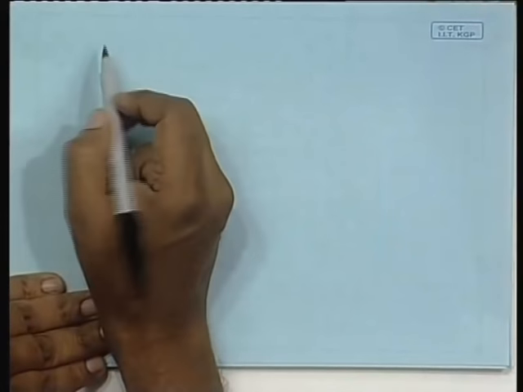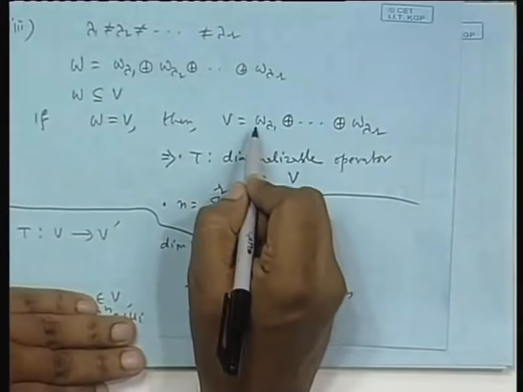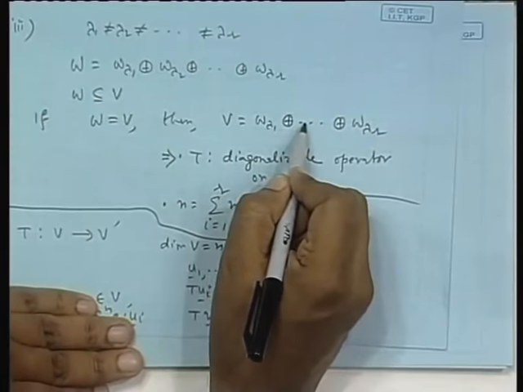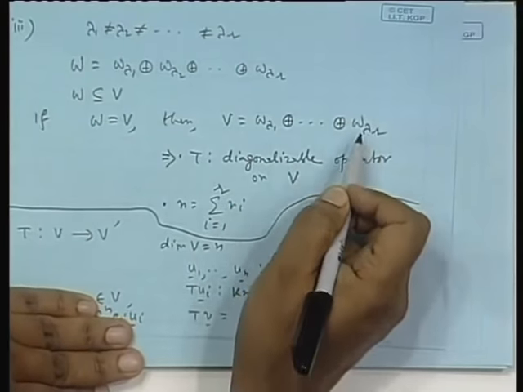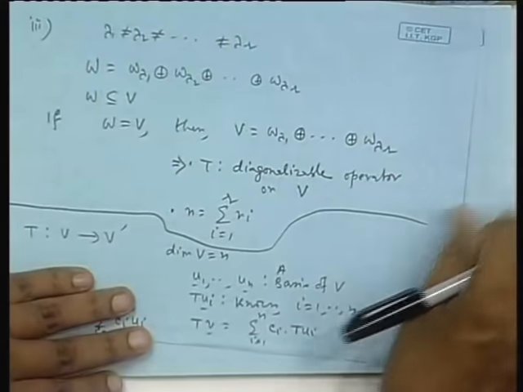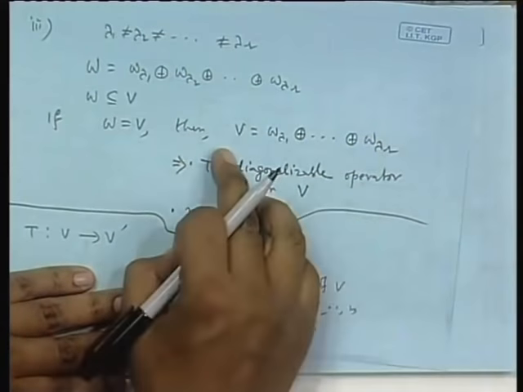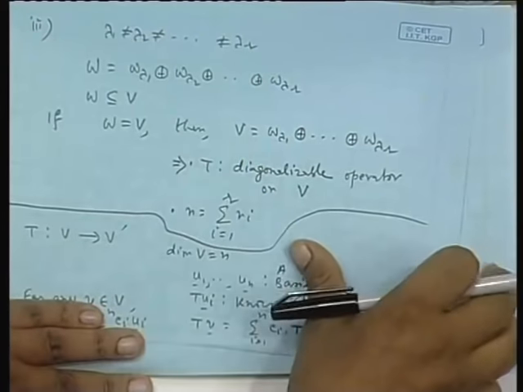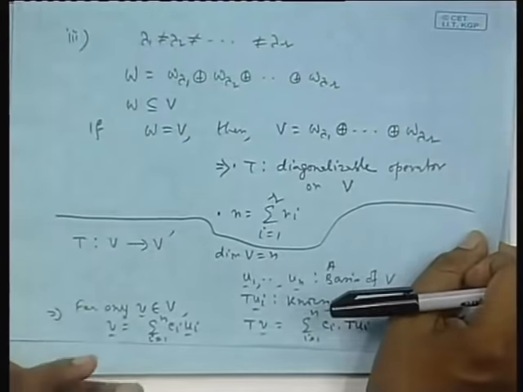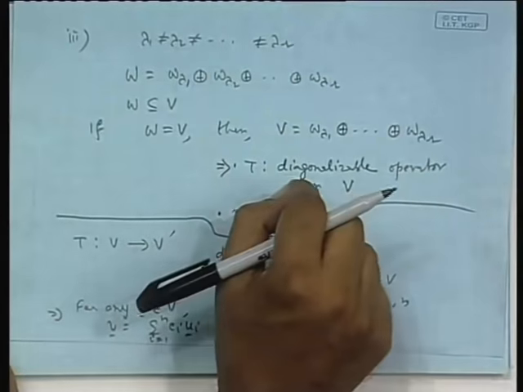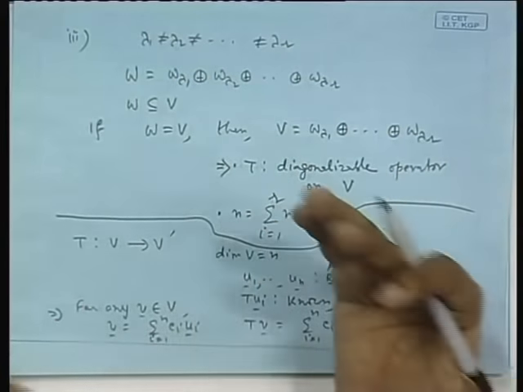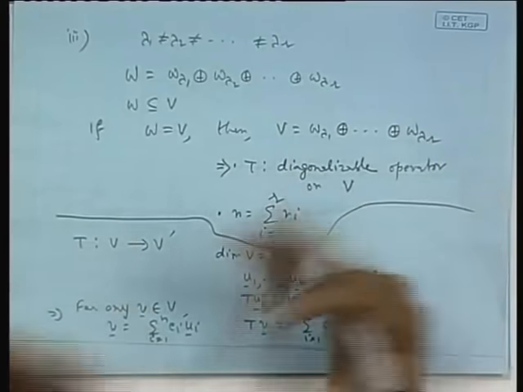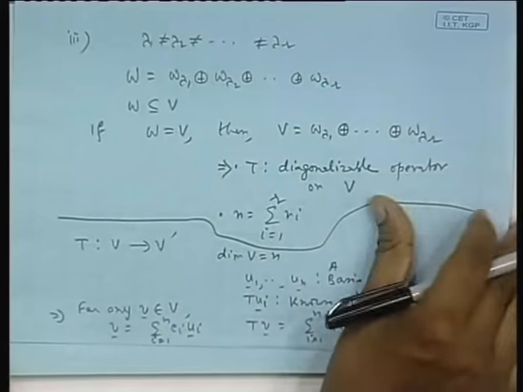Suppose I consider a basis of W lambda 1, a basis of W lambda 2, dot dot dot, a basis of W lambda r, and append them, then that will be a basis of the original vector space V. On that basis, if I apply T on each of the basis vectors, the result can be written down very easily, and that is what takes us to diagonalizability.